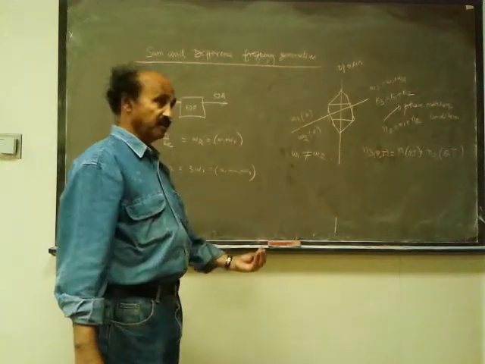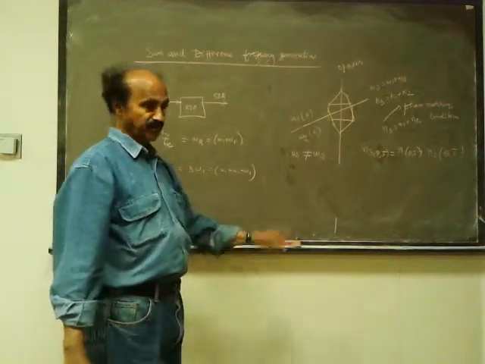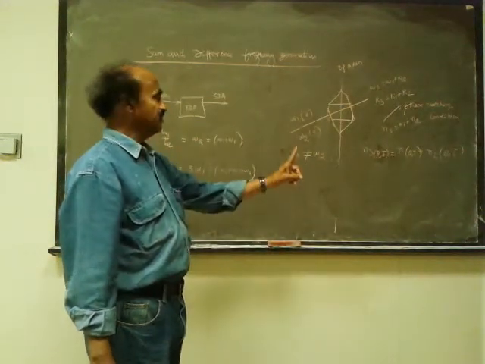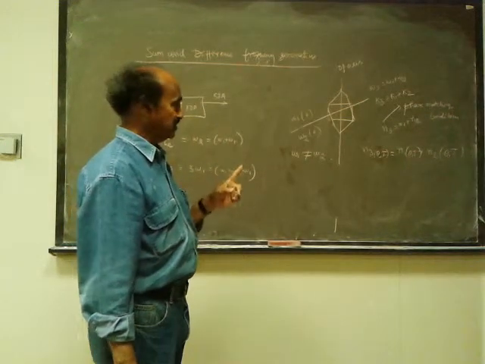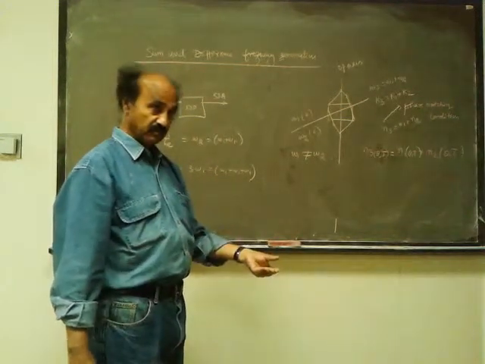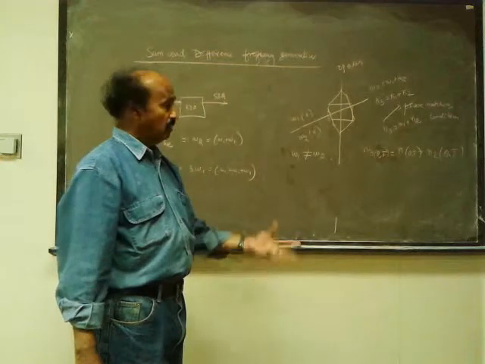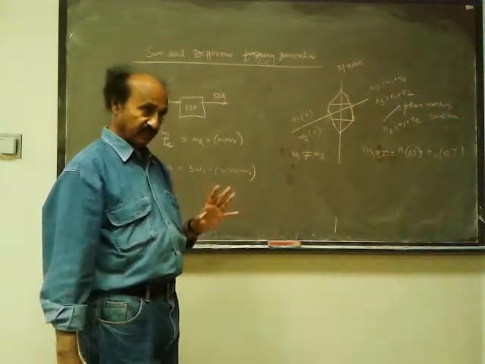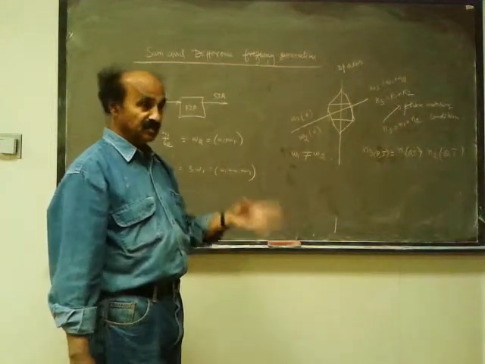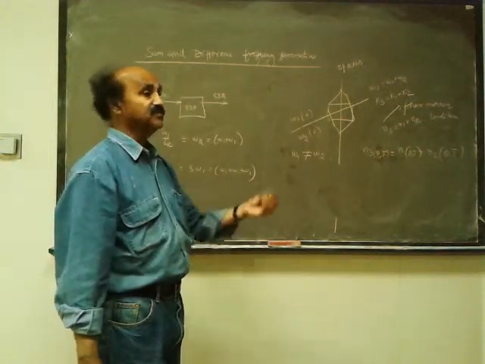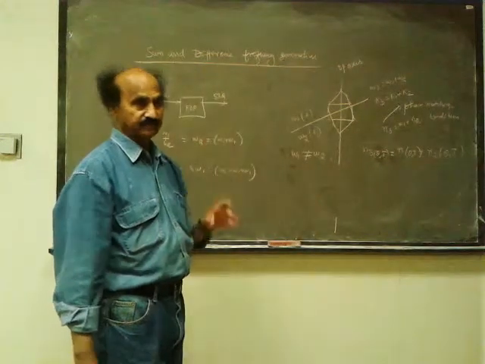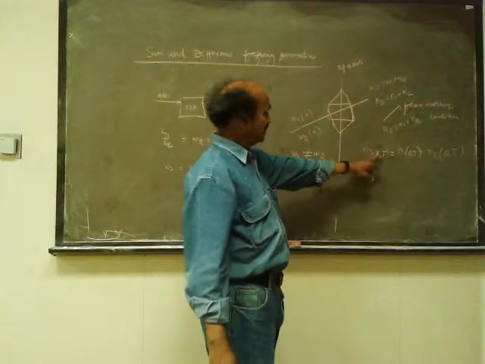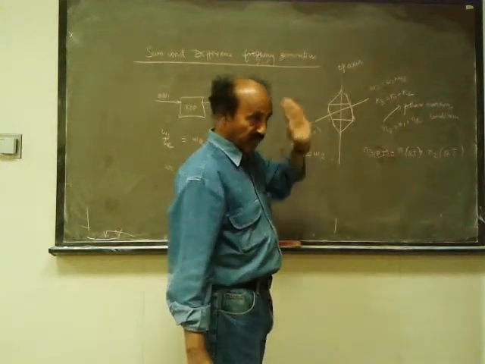For any material, the refractive index is a function of temperature. Only for a nonlinear crystal, it is a function of theta. Let me repeat. If you take a glass piece, water, kerosene, everything has a refractive index. Increase the temperature, decrease the temperature, the refractive index immediately changes for any material. For a nonlinear crystal, since it depends on theta, this is what we have studied so many times.